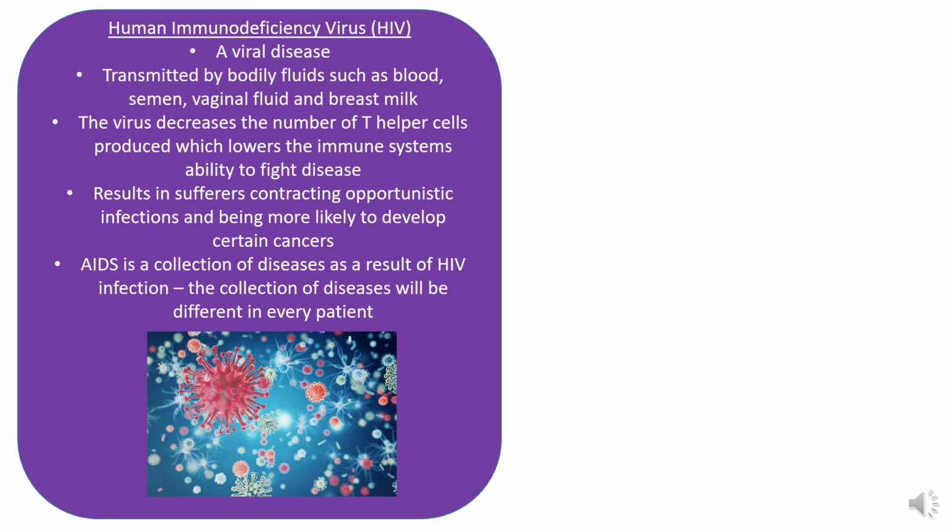Lots of people don't really understand the difference between HIV and AIDS. You can have the HIV virus, but you don't necessarily have AIDS. You only have AIDS when you have a collection of diseases as a result of the HIV infection. Every patient will have a different collection of diseases depending on which infections they've been exposed to, their environment, or the specific DNA that they have.